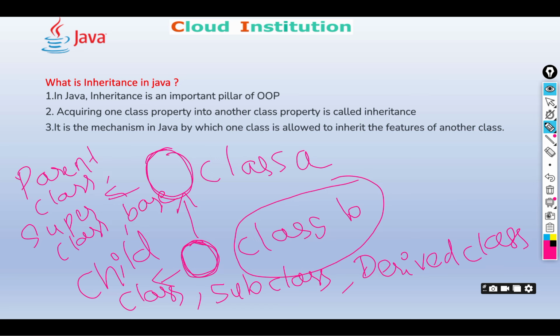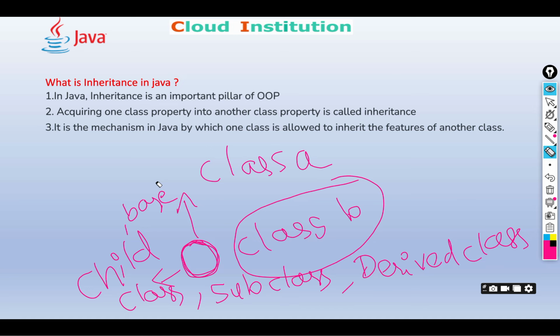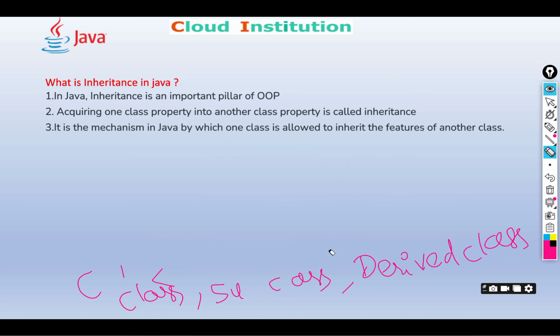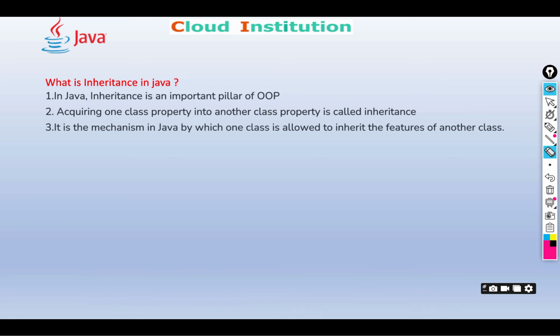This is what inheritance is about. It is a mechanism in Java by which one class is allowed to inherit the features of another class. It is the same thing I mentioned earlier.